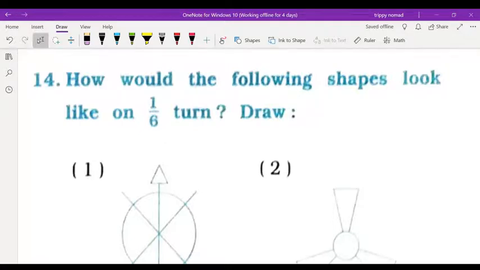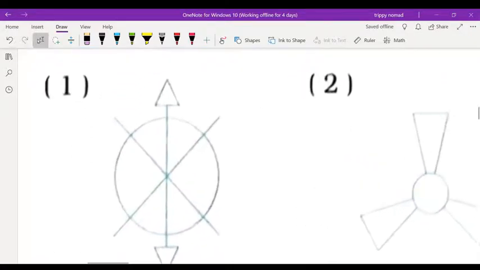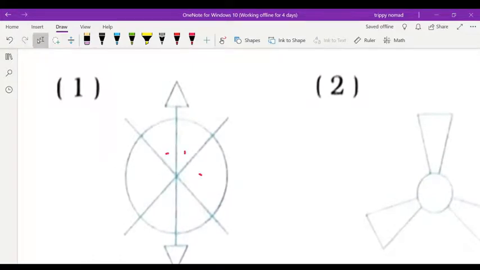This is your question. 1/6 turn, 1 2 3 4 5 6. Already they have drawn six equal parts. If you move this side, this one will come here, just as I told earlier. You have to first divide into equal parts and rotate clockwise, and here you will get a figure like this.